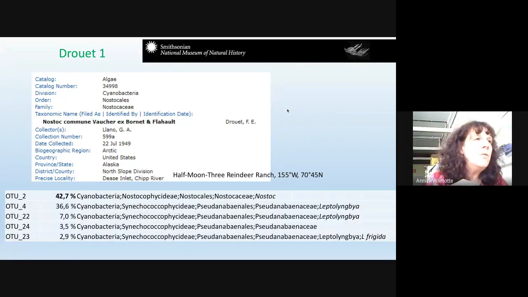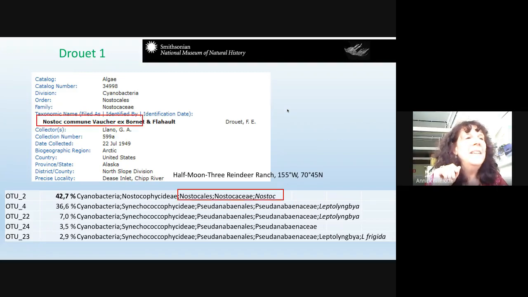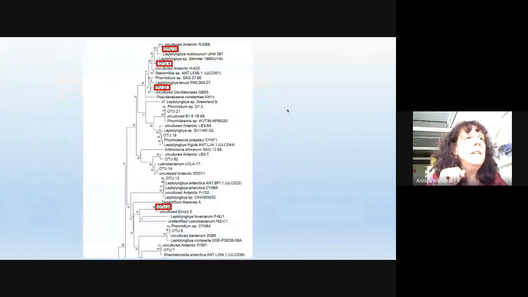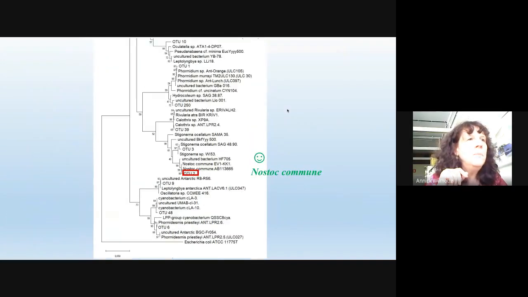It gives us a majority of OTU2 that corresponds to Nostoc, and as you will see, if you click, this Nostoc corresponds to what Druwe has identified in the sample. So next, you will see the tree with all these OTUs, and in the next part of the tree, you will see that indeed it's very related to Nostoc commune sequences.